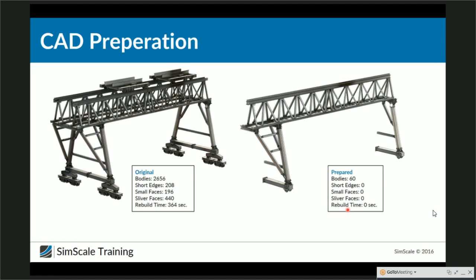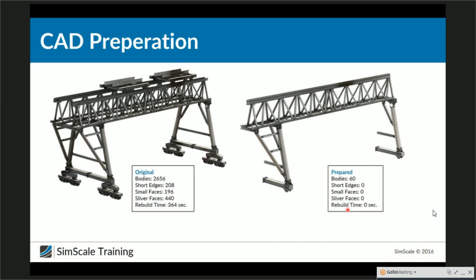First of all, take a look at the left side. Here you can see we have a very large machine assembly. The original CAD model is made out of more than 2,600 single bodies. We have more than 208 short edges. Short edges means in this case that the edge is really short, below several millimeters.